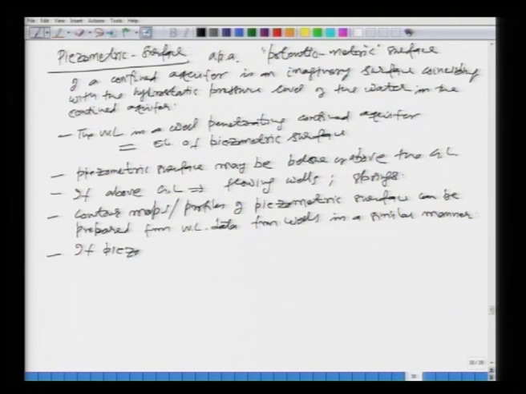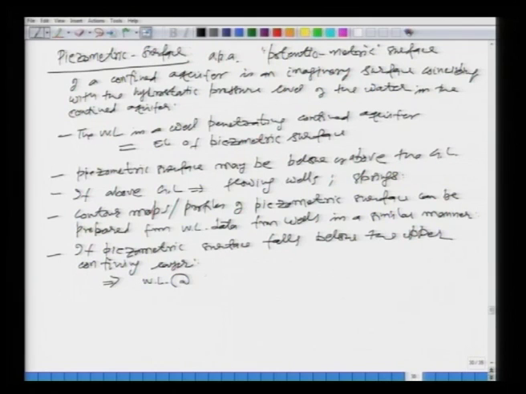If the piezometric surface falls below the upper confining layer, what would that mean? It would mean that the water level will be at atmospheric pressure, because it is connected to the recharge area.